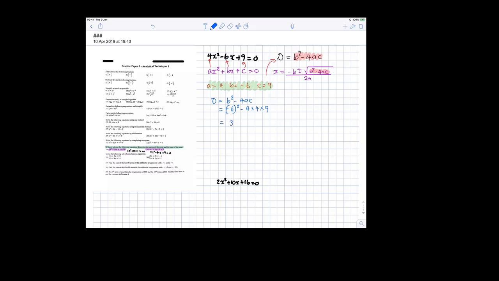Minus 6 squared is 36, take away 4 times 4 which is 16, then 16 times 9, that's 54, carry 5, 9 plus 5 is 14, which is 144.